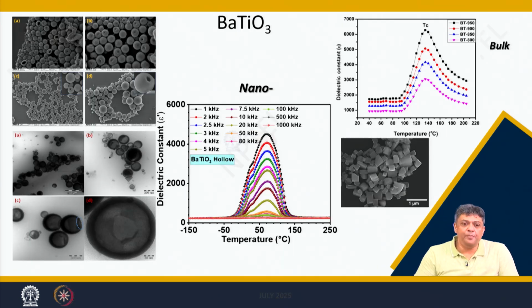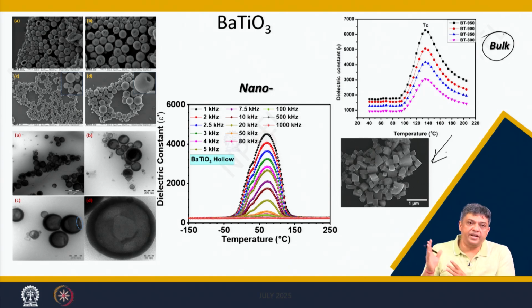Let us see an example of barium titanate which I mentioned earlier also. Barium titanate is a very well investigated material. If you look into the bulk of the structure of barium titanate, it undergoes 3 phase transitions.